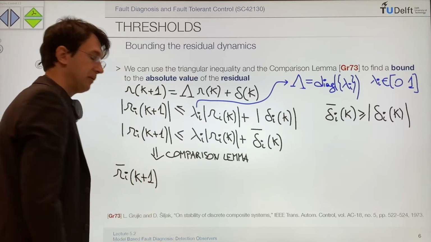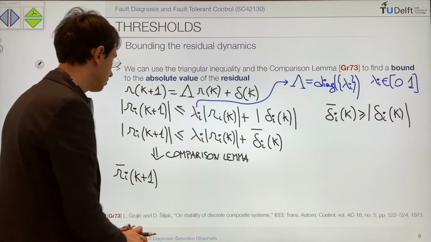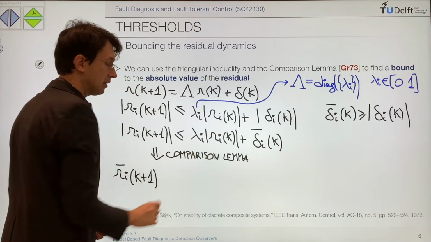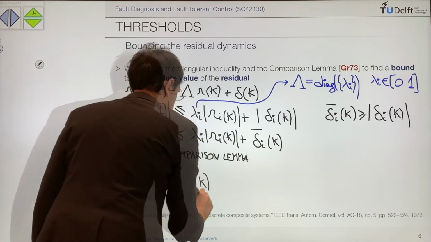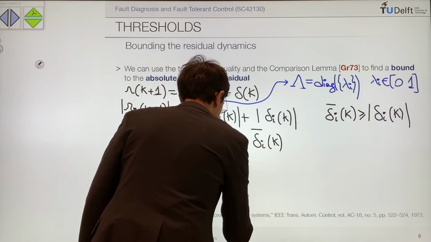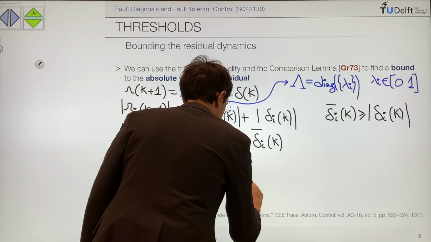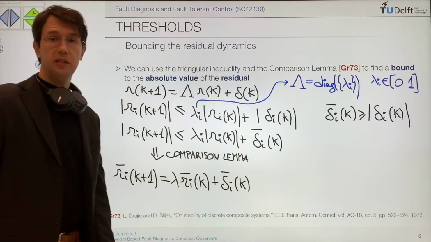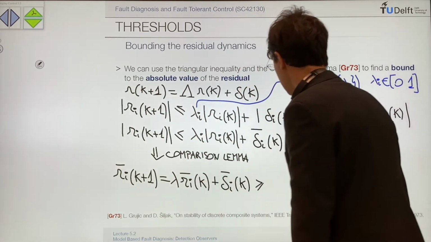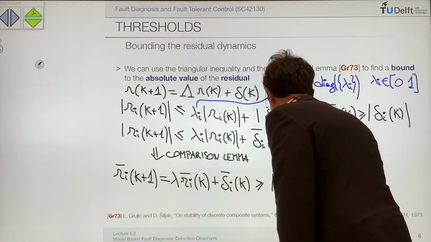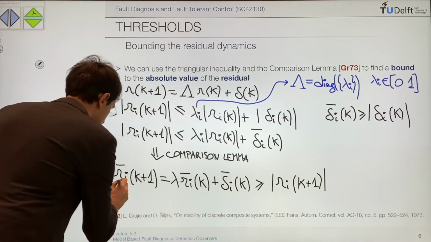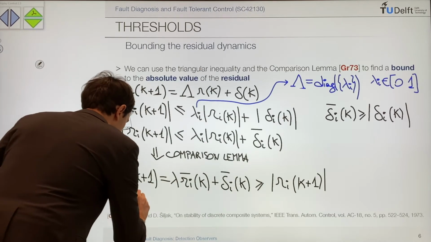And we define it in a way that it is a solution to the same equation that we have here, where we replace R with the threshold plus delta over bar I. And this is going to be bigger or equal than exactly what we wanted to bound. So this is our threshold.